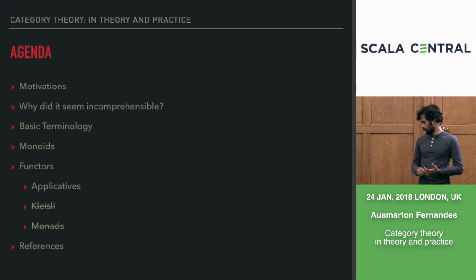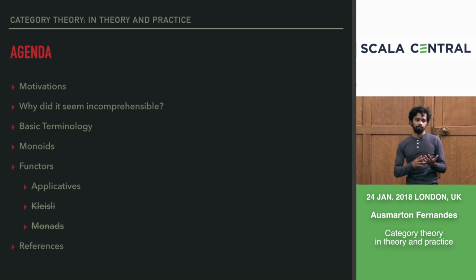So this is what I had in plan for today. Why category theory basically, and why I found it a bit difficult to understand at the beginning, and some basic terminology around it. I'm not really going to cover things like monads and Kleisli and natural transformations.